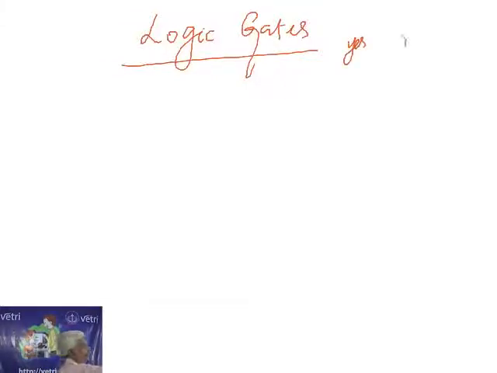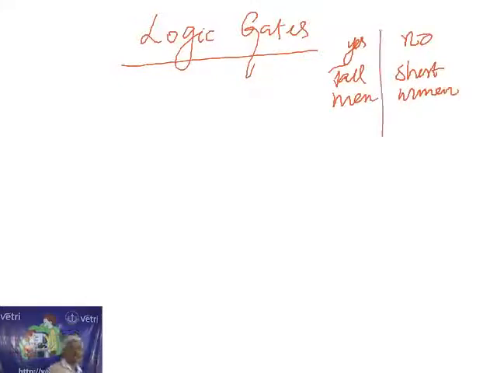Somebody may not know the answer, we can say no. If I ask one question, there must be two alternates, either yes or no. Like that. If anybody is very tall, or very small, short. Men, women, whatever may be the thing, the alternates are only two.